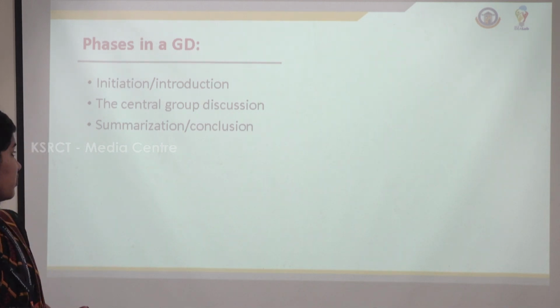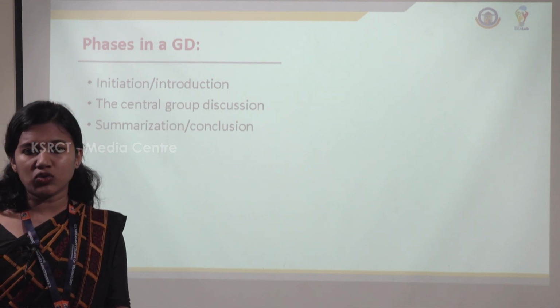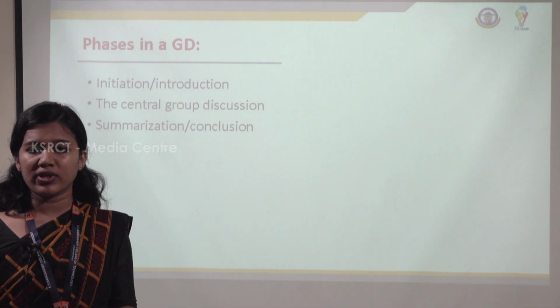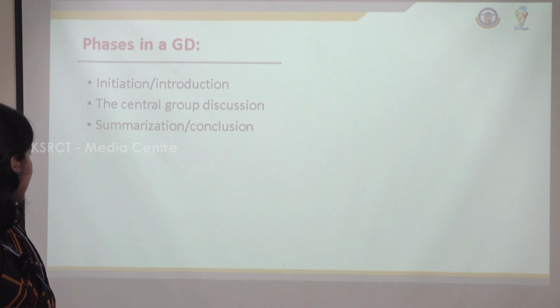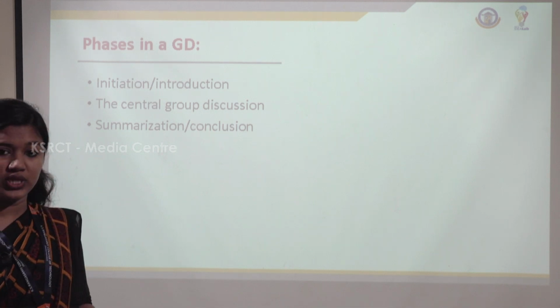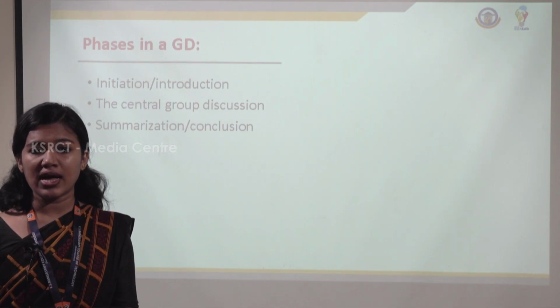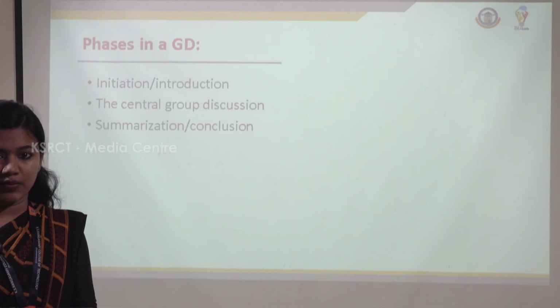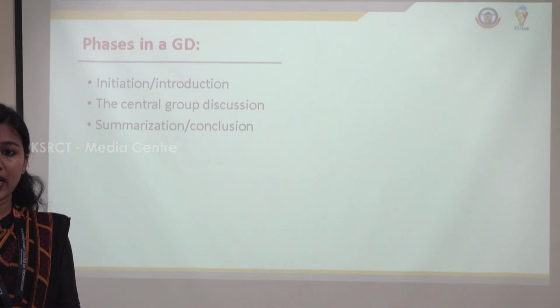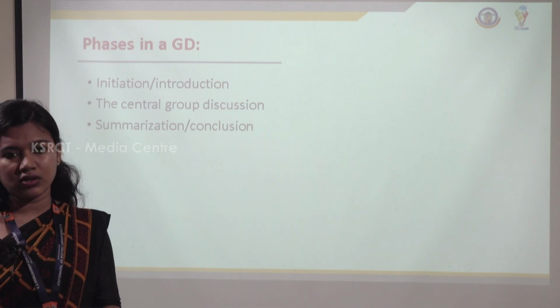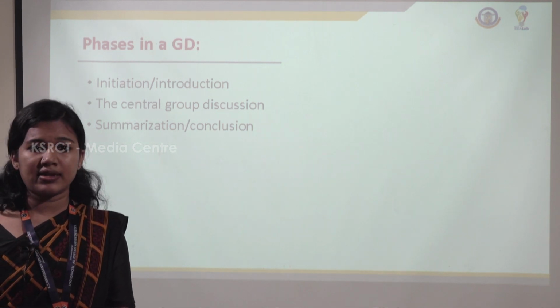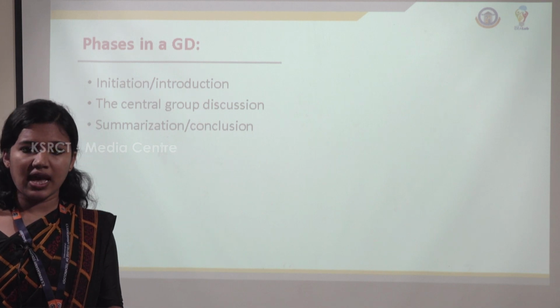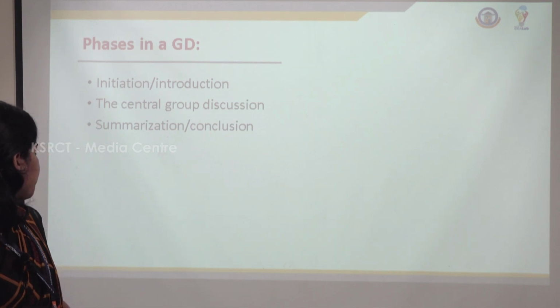Next is the central group discussion, where all the group members will be discussing their own views. And finally, the summarization or conclusion. That means the person who initiated the group discussion can also come forward with the summarization or conclusion, or else with the permission of other group members, one person can stand up and give the conclusion.